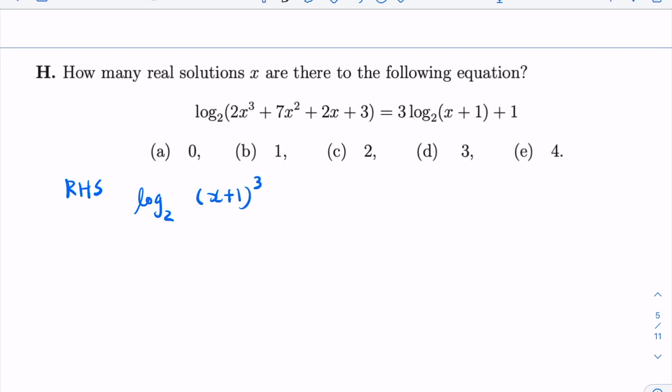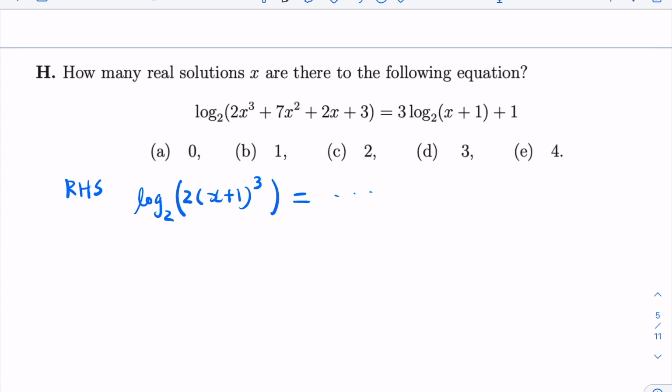And plus 1 is equivalent to times 2 here, log base 2 of the whole thing, and equal to the left-hand side, right? I'm going to skip that. So in order for the equation to hold, this whole block here has to equal this part.